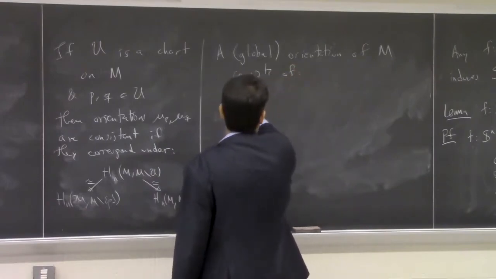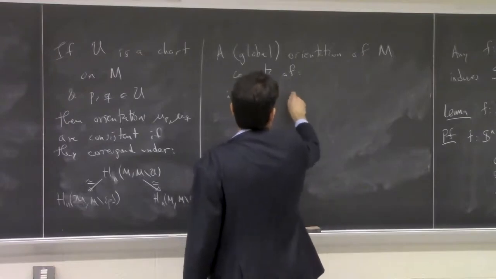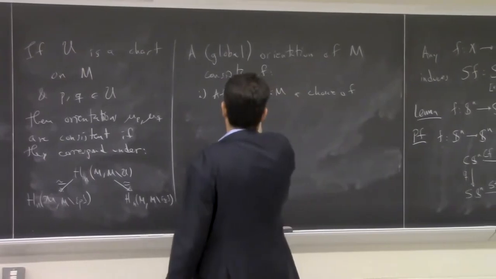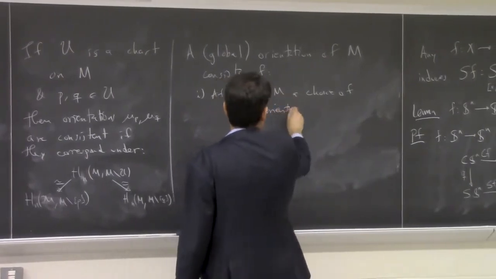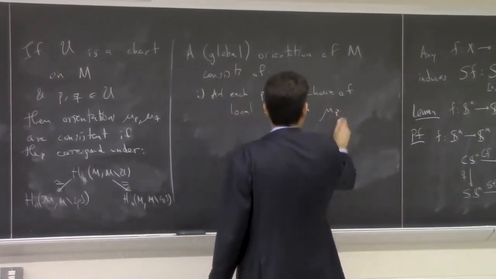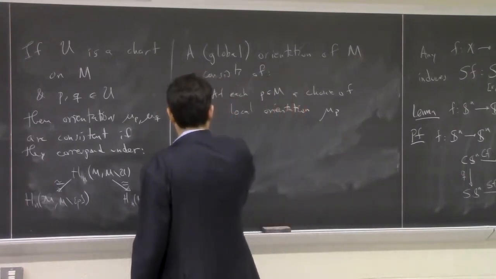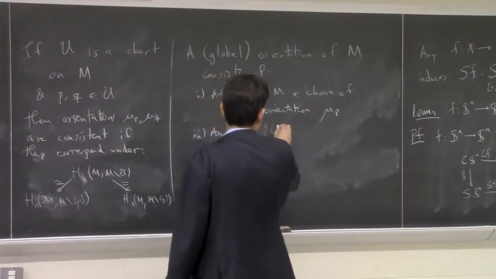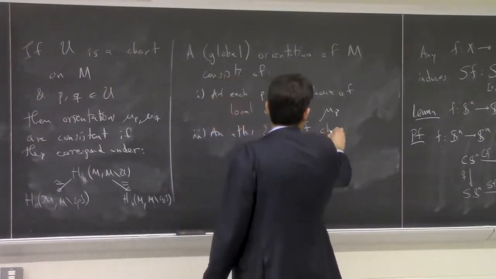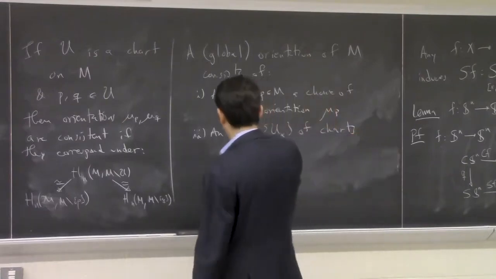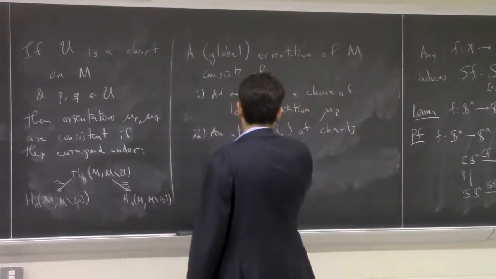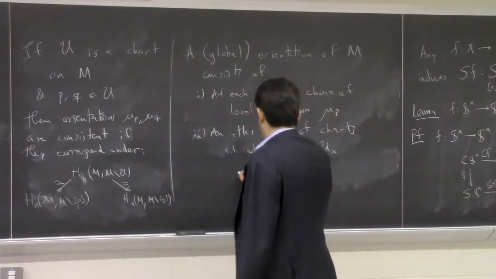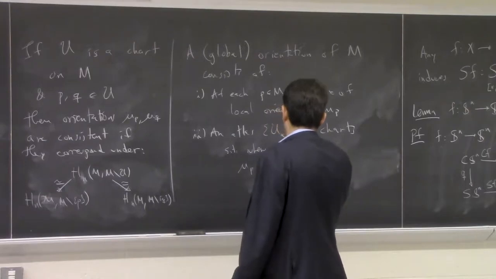On the one hand, at each P in M a choice of local orientation mu P, and then an atlas of charts such that whenever P and Q are in the same U alpha, mu P and mu Q are consistent.